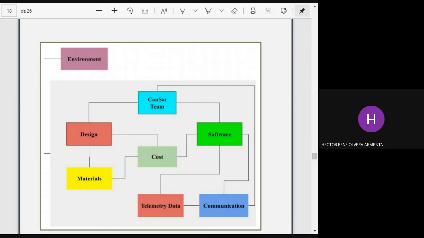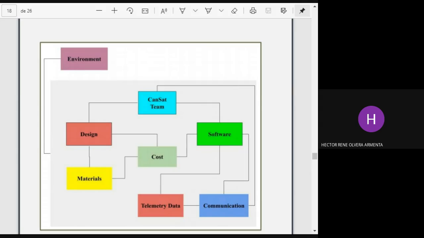For the design, we are going to focus on the materials that should be optimal for our structure, and the cost, because we have that limitation: we cannot exceed $1,000.